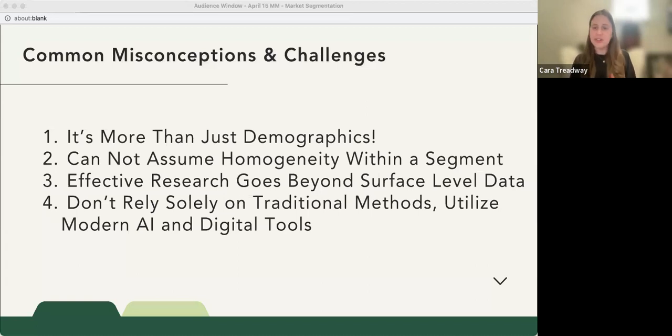It's also imperative not to rely solely on traditional methods. Instead, we want to leverage modern AI or modern digital tools for more accurate segmentation and a deeper understanding of our audience. And some beneficial free tools that you can use for your market segmentation data, and if you've used any others, we would love to hear about those in the chat too.